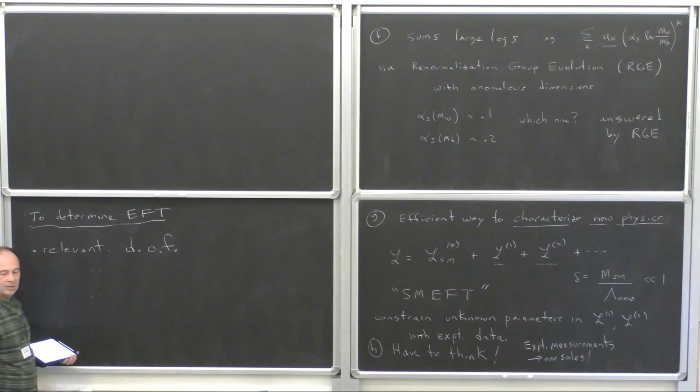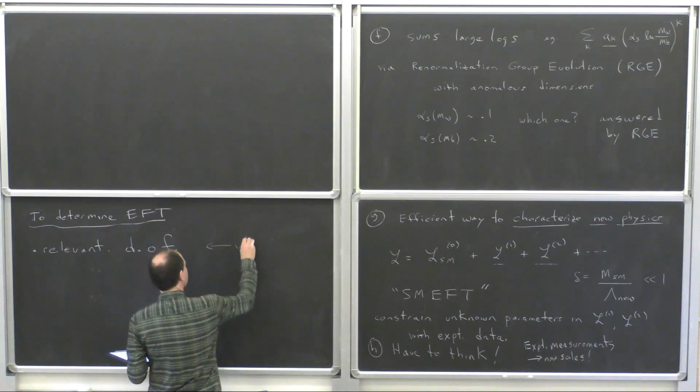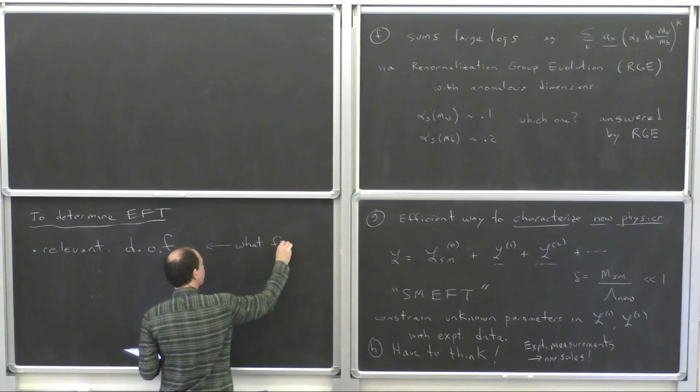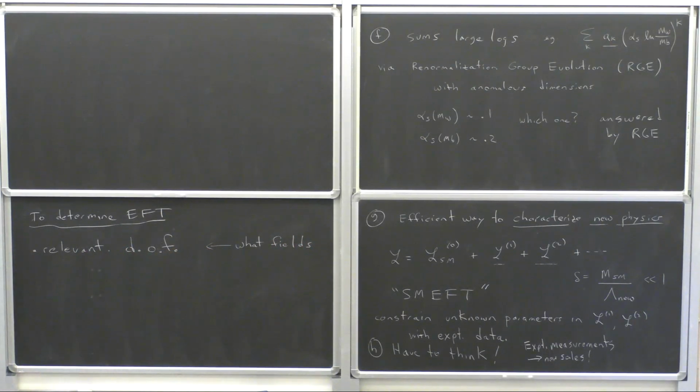And the relevant degrees of freedom are, of course, going to be the things that you write down quantum fields for. So this is answering the question, what fields does my effective Lagrangian even need to be built out of? Some fermion, some scalar, a gauge field, etc. What are the relevant degrees of freedom for the process that I'm studying? And that could be easy. It could be kind of obvious. I've got an electron, I better have an electron field. It could be not obvious. So even this step, you might take a while to figure out, depending on how complicated your problem is.